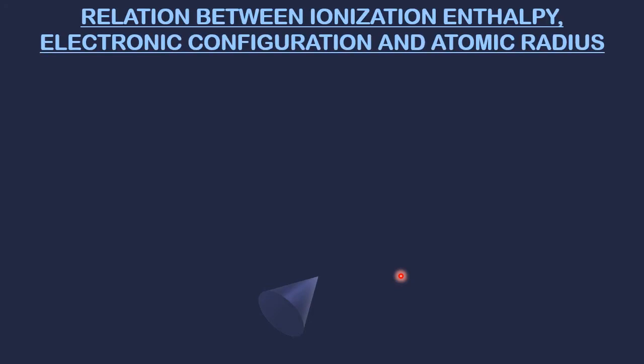It gave information regarding the relation between ionization enthalpy, electronic configuration, and size of the atom or atomic radius. So let us start today's session: relation between ionization enthalpy, electronic configuration, and atomic radius.